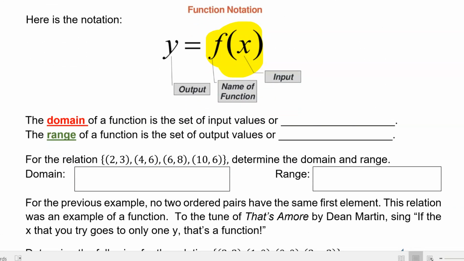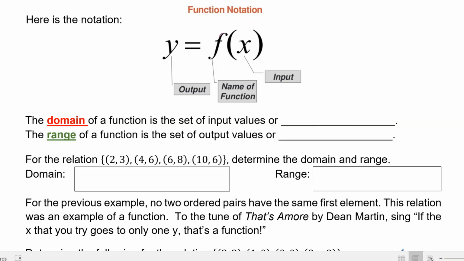But we see here the elements of a function. We have the x, which is our input here, and then we have the output, which is what y is. Once you plug in the input, what you get out is your output.